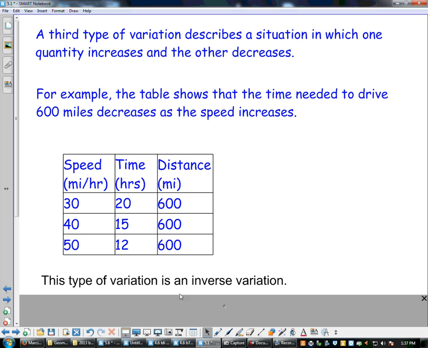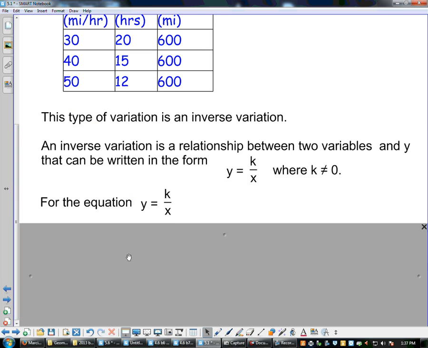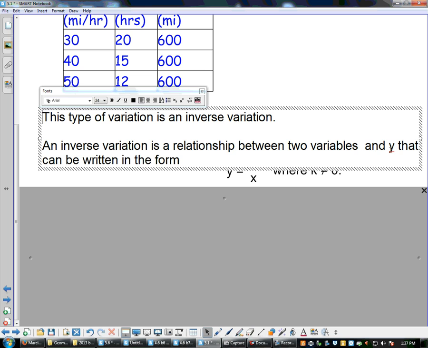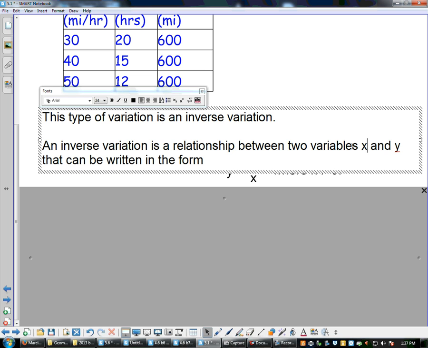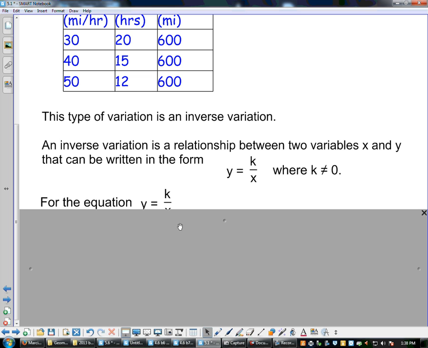This type of variation is an inverse variation. An inverse variation is a relationship between two variables, x and y, that can be written in the form y equals k over x, where k is not equal to 0.